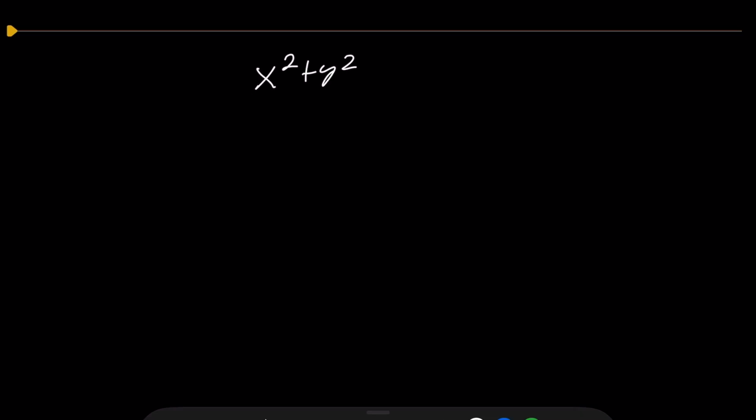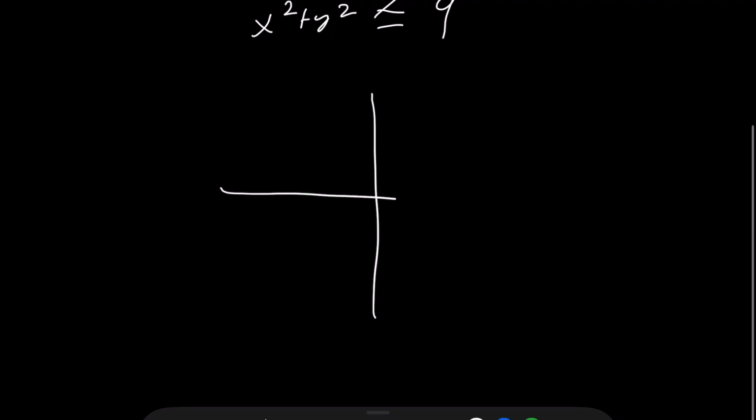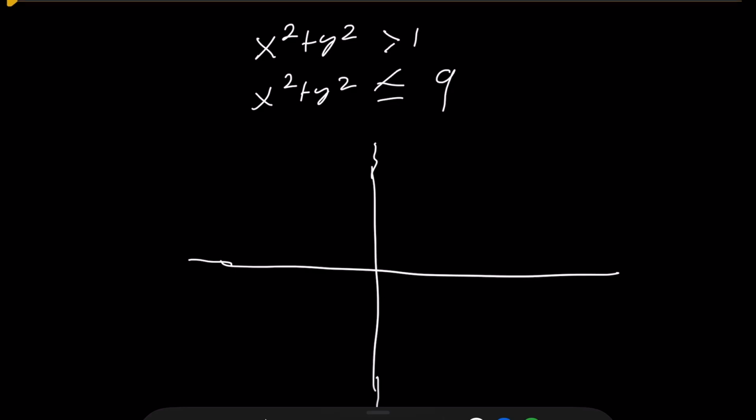Let's try something a little bit different, but kind of the same. x squared plus y squared greater than 1. x squared plus y squared is less than or equal to 9. Okay. This requires that you know the equation for a circle.